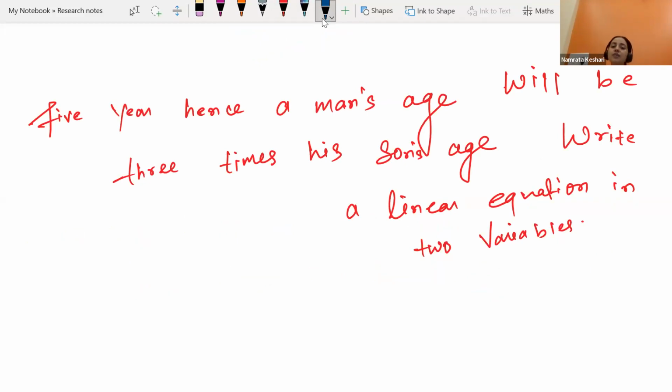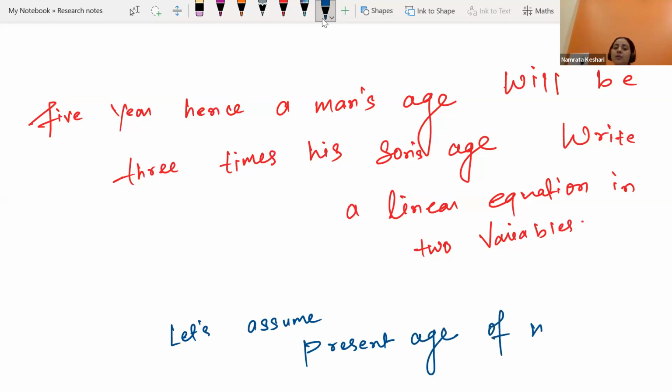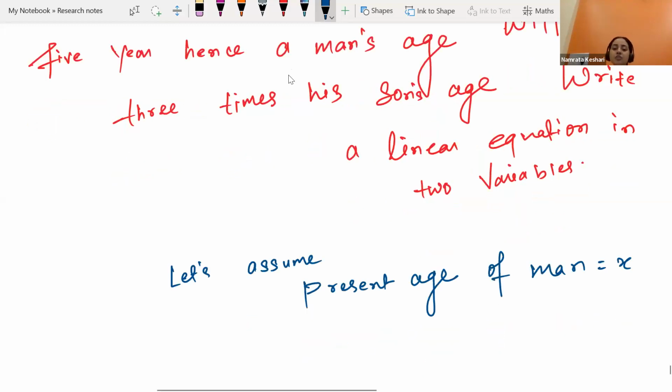So let's assume the present age of man is X years, and the present age of his son is Y years. We will start our assumption with this.